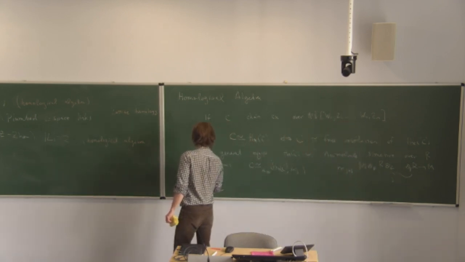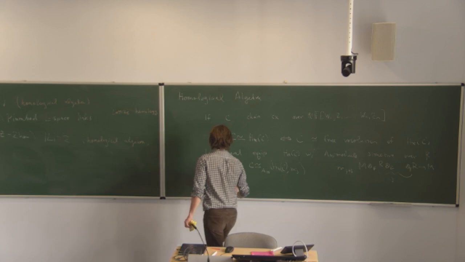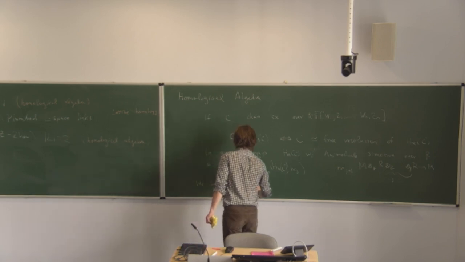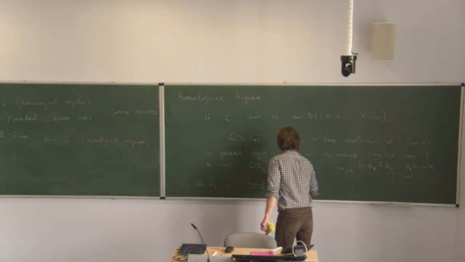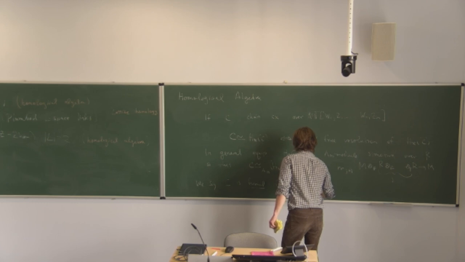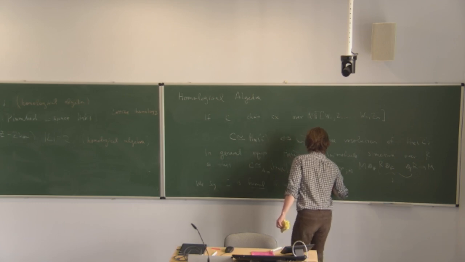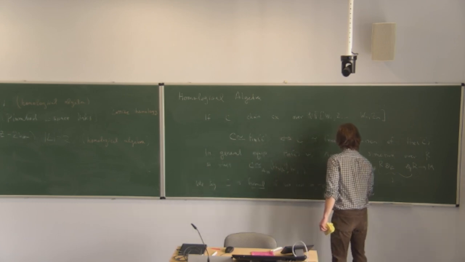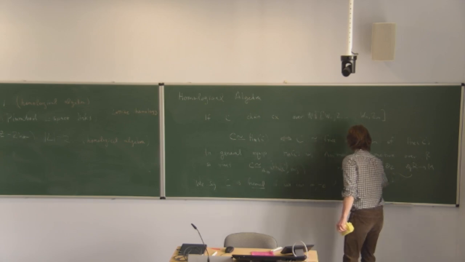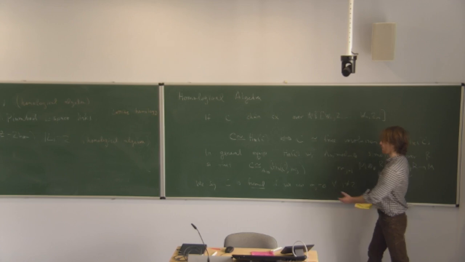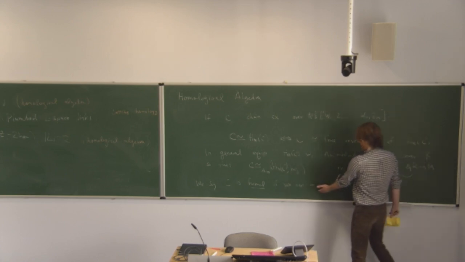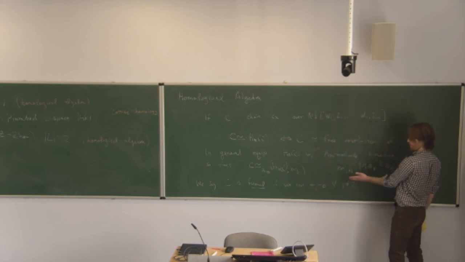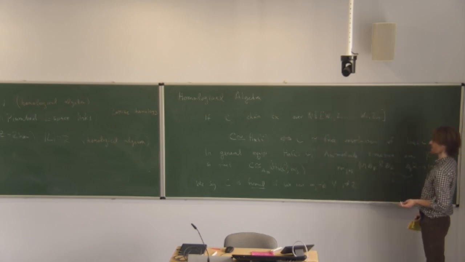Basically, we say C is formal if we can take M_j equal to 0 for all j not equal to 2. So it's formal if we can take all of the M_j's to be 0, except for M_2, the standard multiplication.